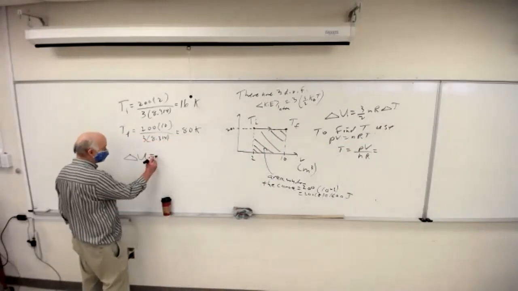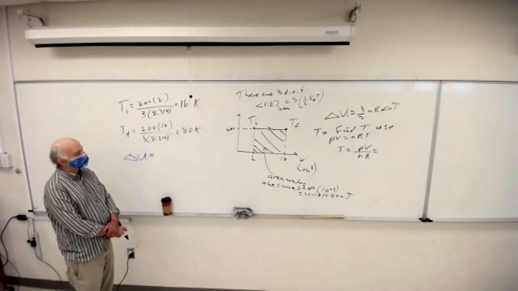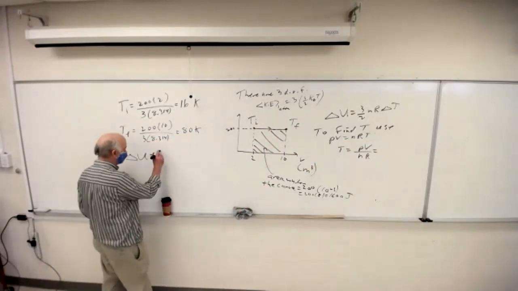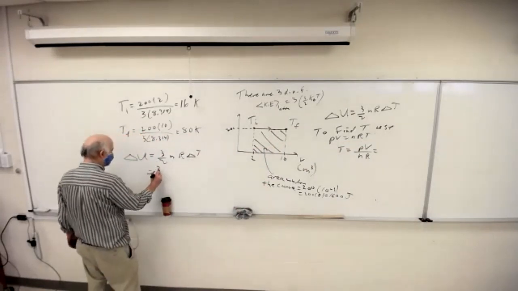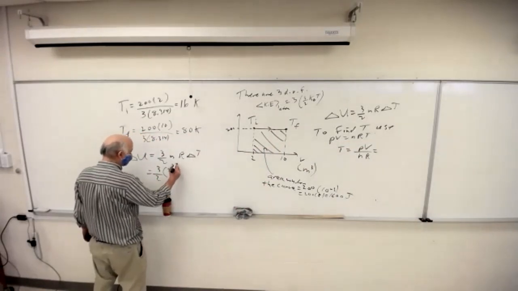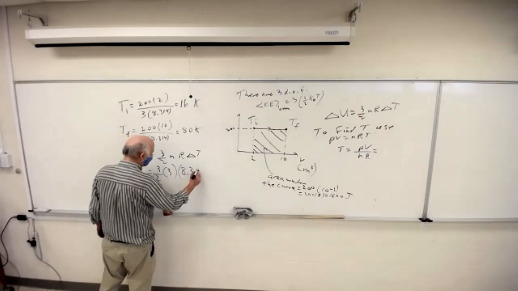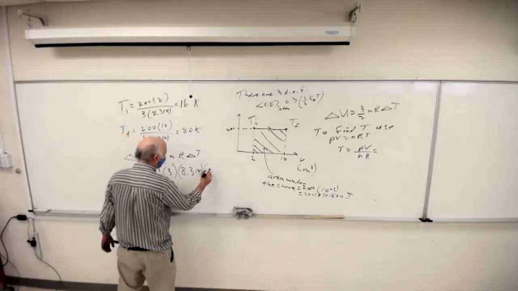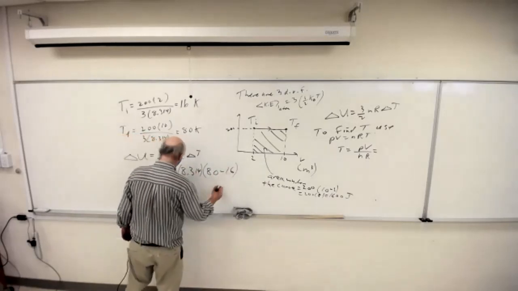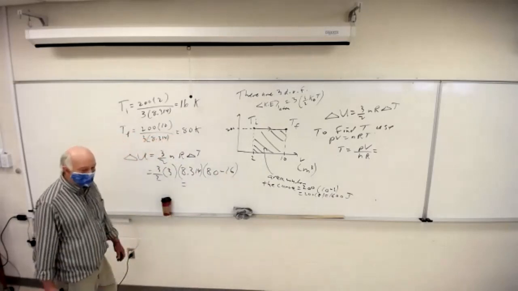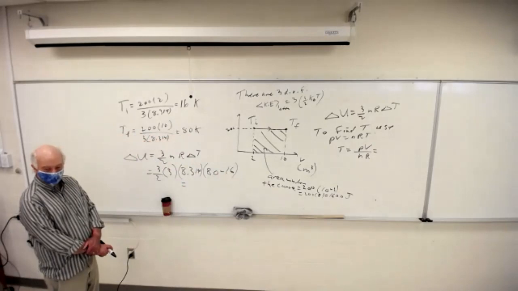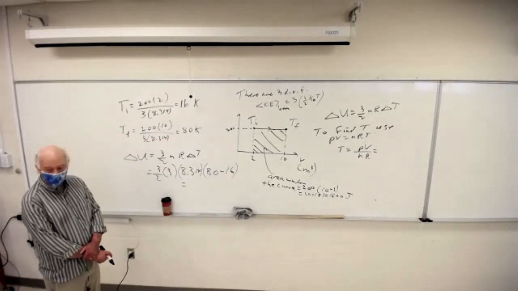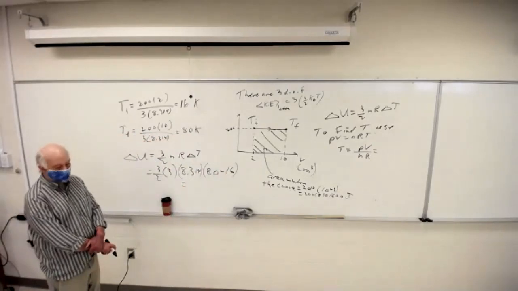Okay, so tell me what delta U is. 3/2 nR delta T. So it is 3/2 times 3 times 8.314 times (80 minus 16). We're going to use that in a second.